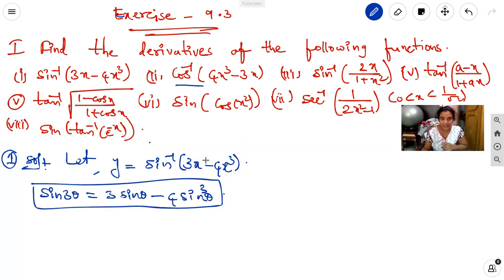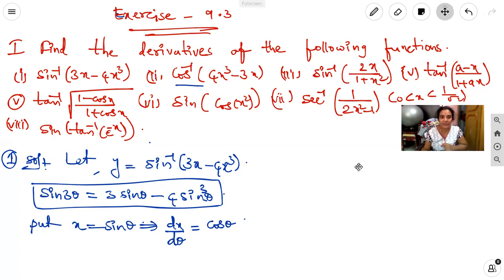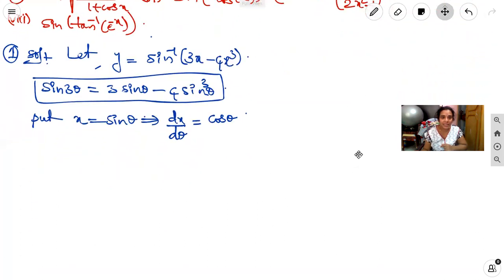Here in the place of x we take sine theta, put x equal to sine theta, then it goes to the sine 3 theta formula, 3x minus 4x cube. From this, dx by d theta is equal to the derivative of sine theta, which is cos theta. Here x is differentiated with respect to theta.